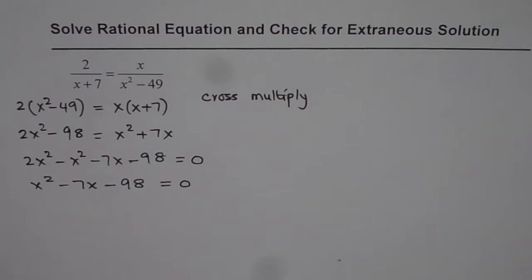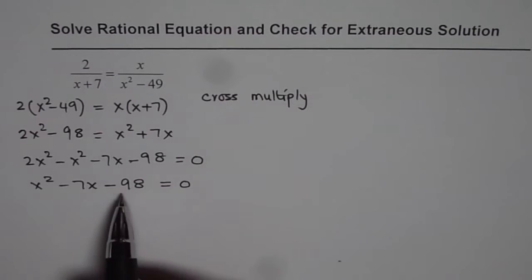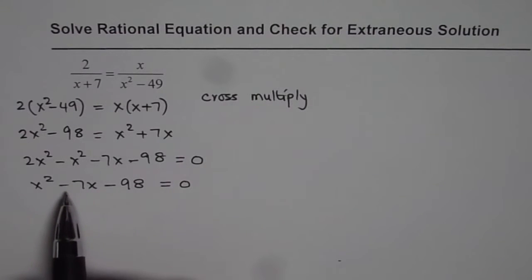Now we are looking for two numbers whose product is minus 98 and sum is minus 7. We can try some numbers and figure it out. We have 98 and we can divide by 7, we get 14. So 14 and 7 is a good combination.